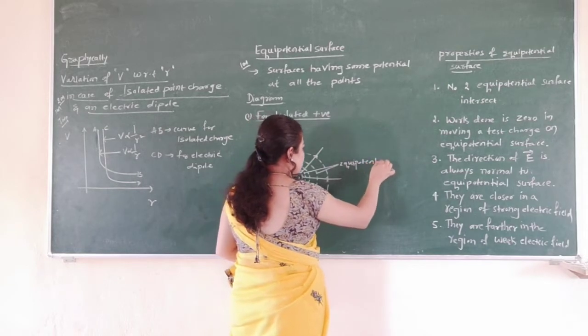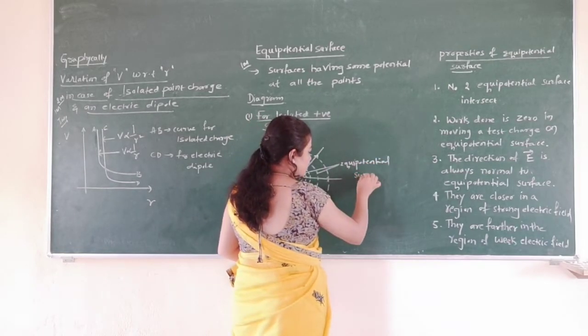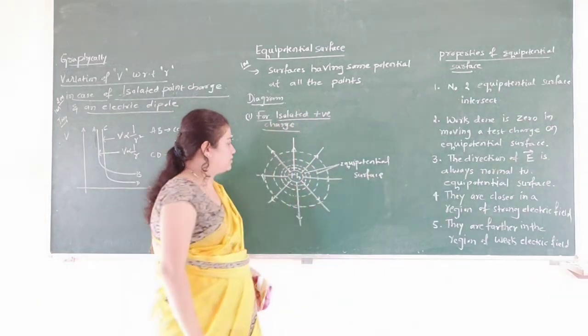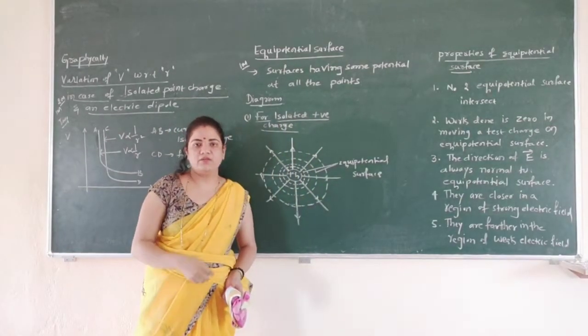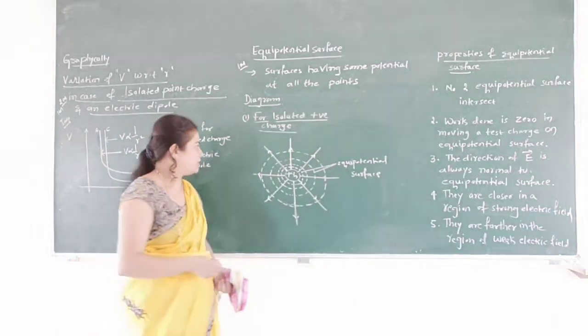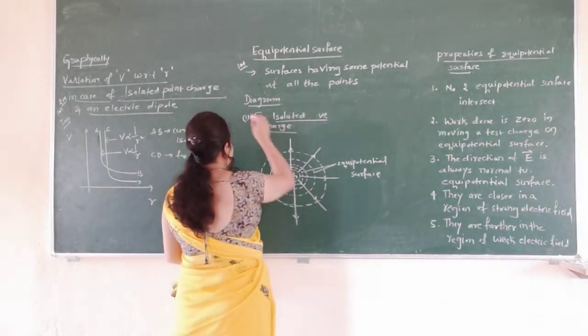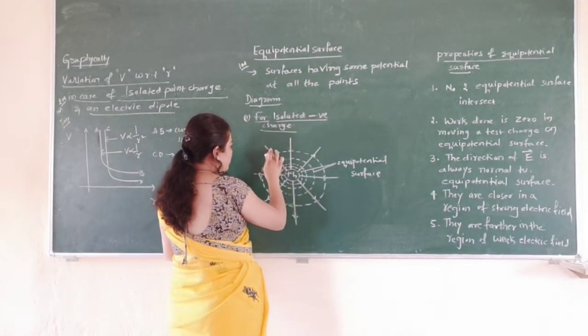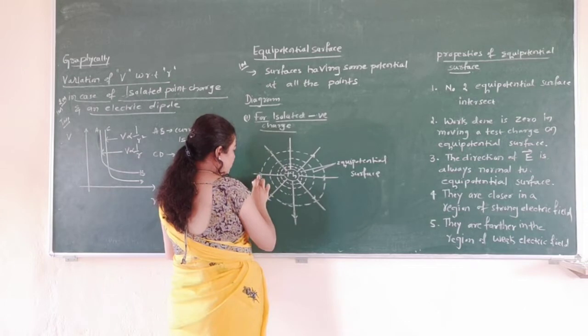Equipotential surface. So for which charge is it? Positive charge. Similarly, they may ask to draw the equipotential surface for a negative charge. Second one, negative charge. Here the only thing we have to do is give the arrow marks towards the charge.